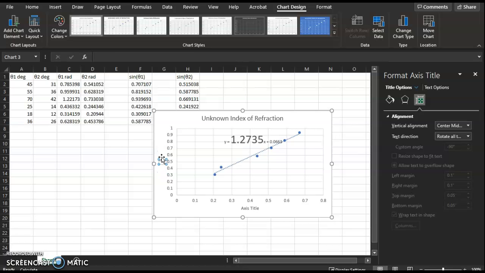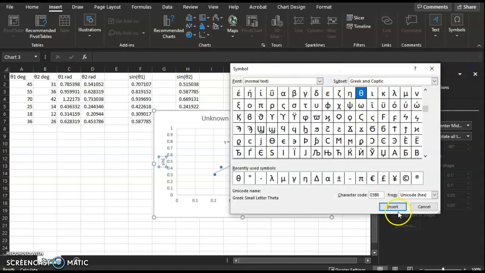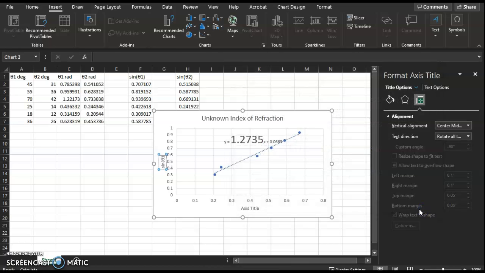We'll title this sine, open parentheses, insert symbol, insert the theta symbol 1. These are the sine of the incident angles, and it's a unitless number, because sine of anything is a unitless number, as it's a ratio, so you can leave it like that.